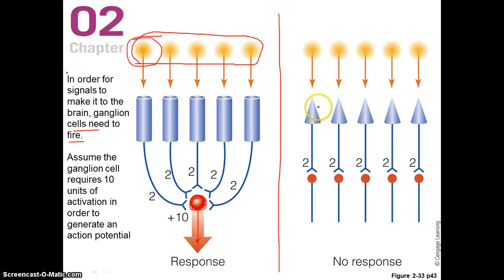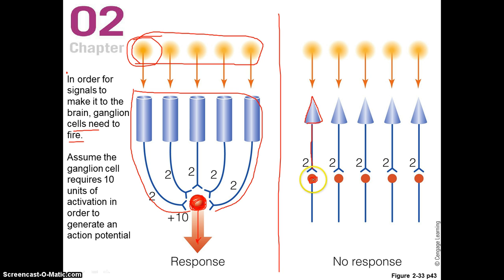But one thing to point out here: you'll notice that there's lots of convergence in this neural circuit. All of these rods are converging onto just a single ganglion cell. You can notice that these are foveal cones. Why? Because there's no convergence, because each cone gets its own ganglion cell.